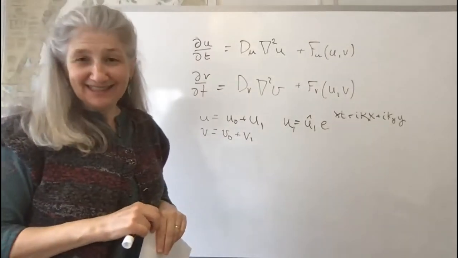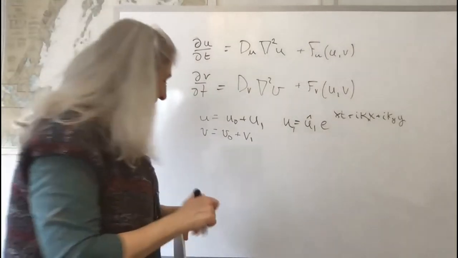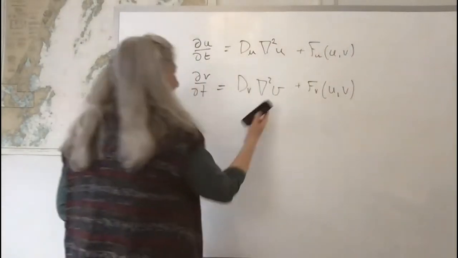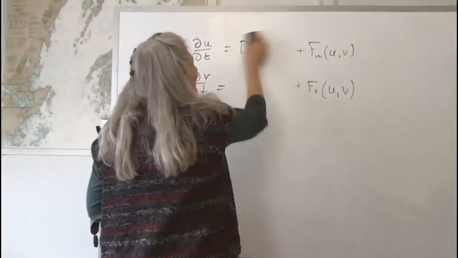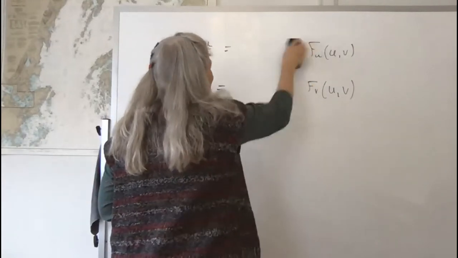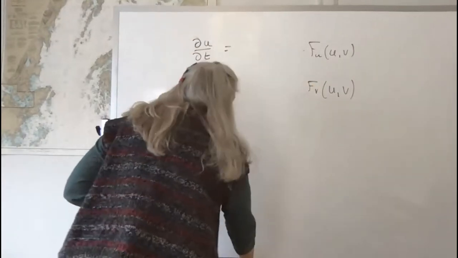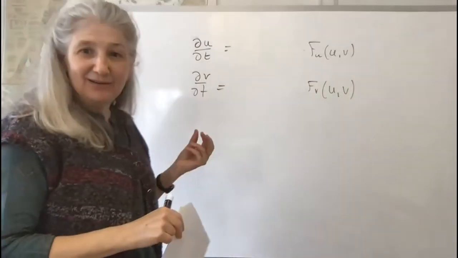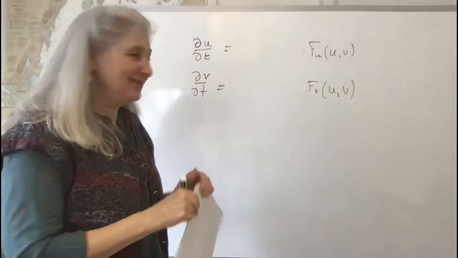So the next part, when we looked at the temporal behavior, we ignored the diffusive part, so let's get rid of this. And we looked at just these equations. And then again, we looked at the behavior near the fixed point.